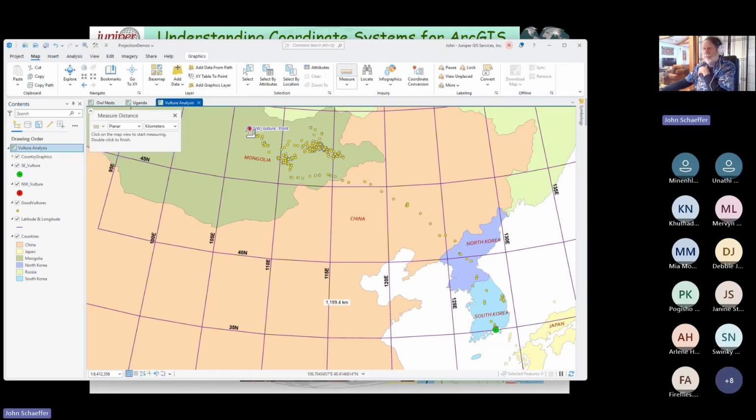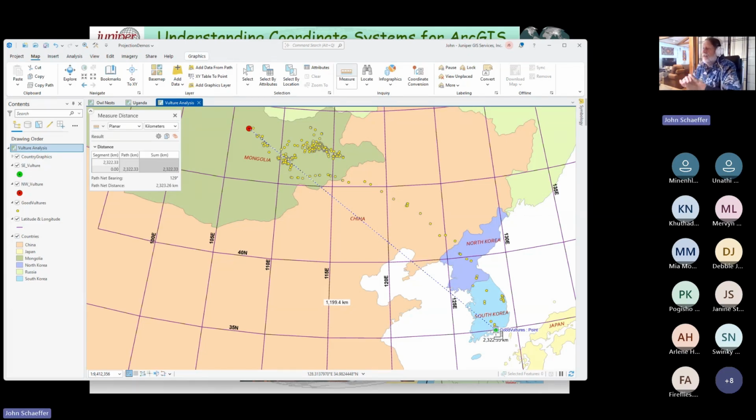Northwest vulture point, and then we snap to southeast vulture point, 2,322.33. And we were 2,322.50 before. So I think that's pretty darn close.